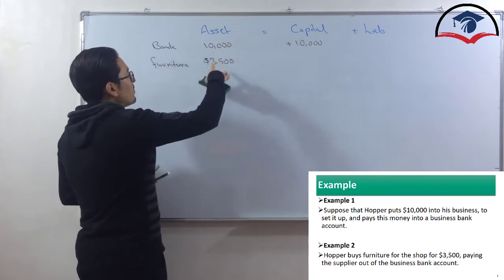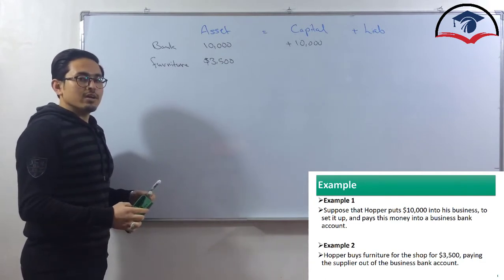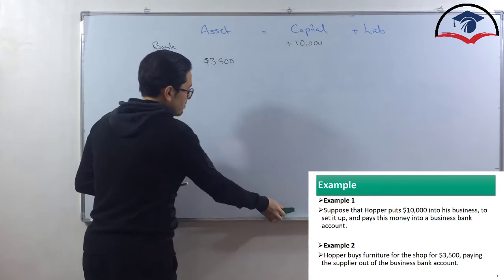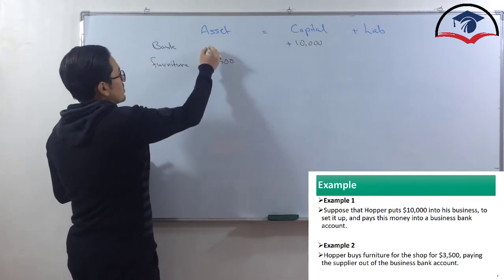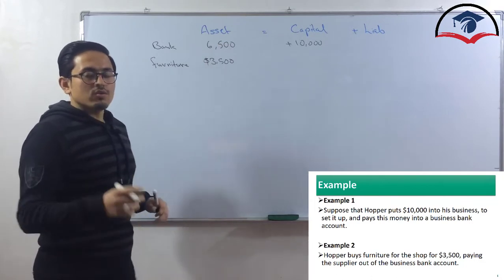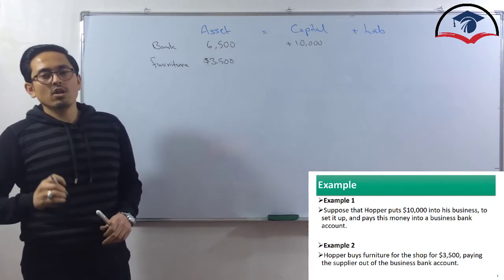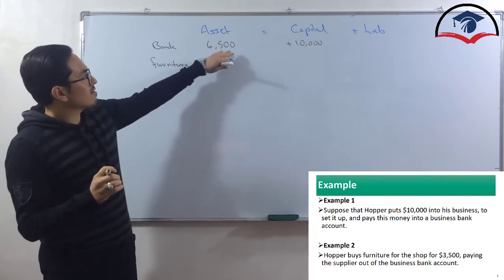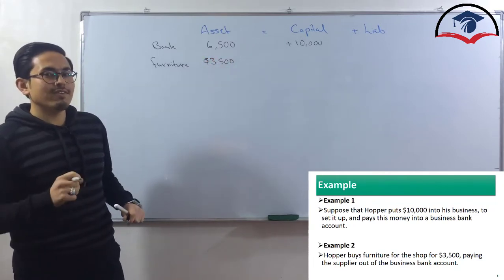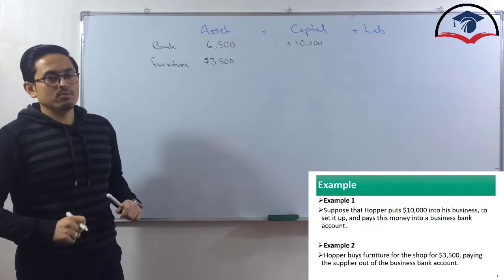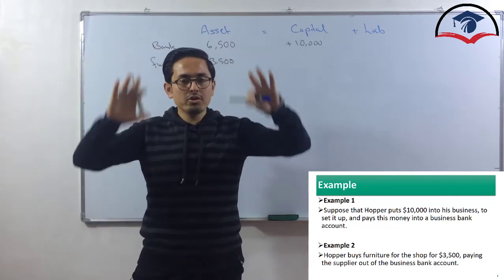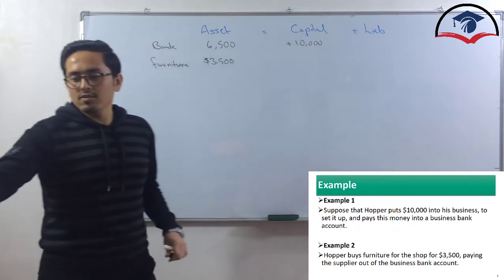So if the $10,000 is reduced by $3,500, the remaining balance will be $6,500. So this $6,500 is the remaining balance. $6,500 plus $3,500 will end up to $10,000. And still, two sides of this equation are balanced. Let's continue.